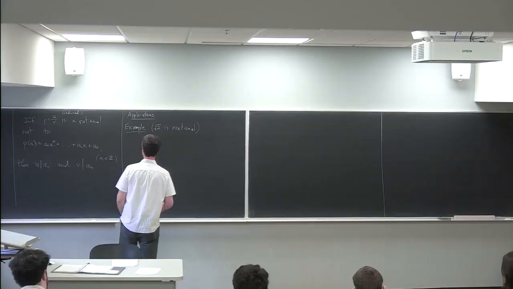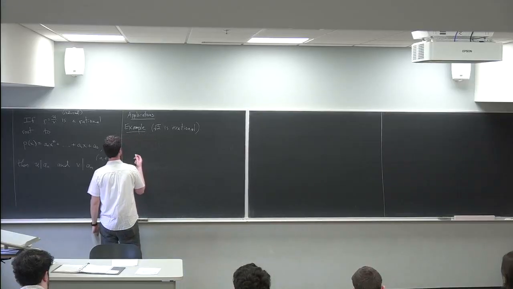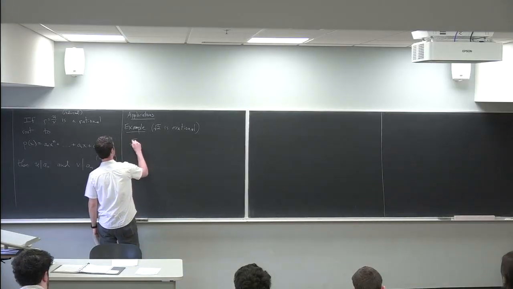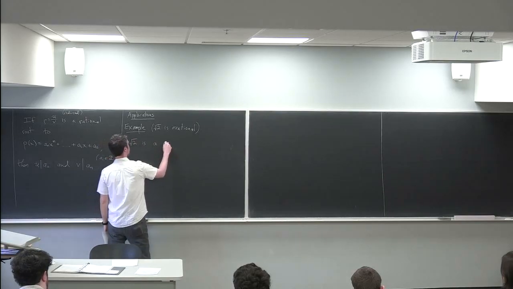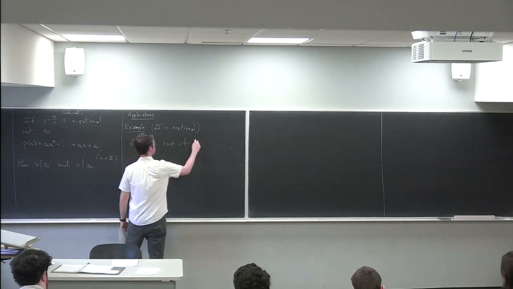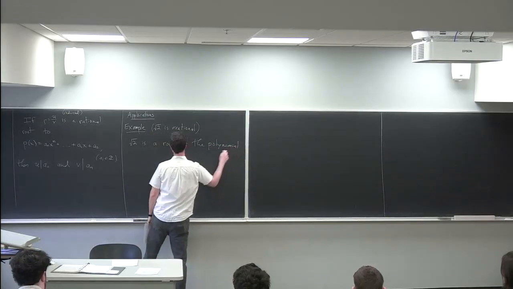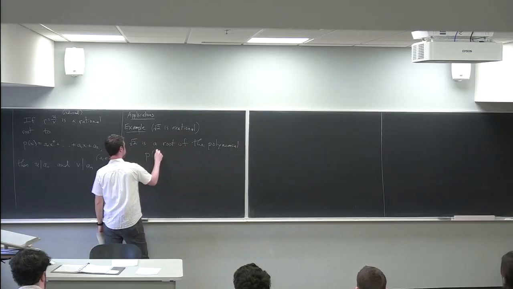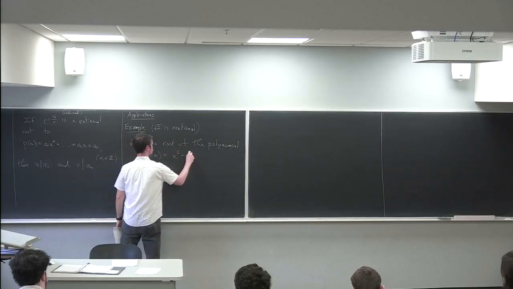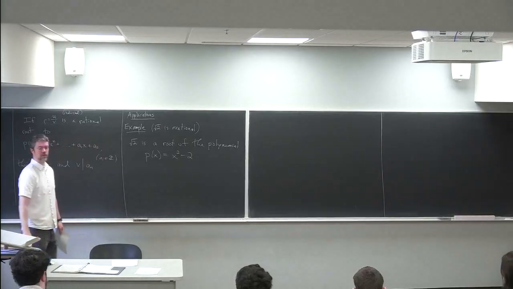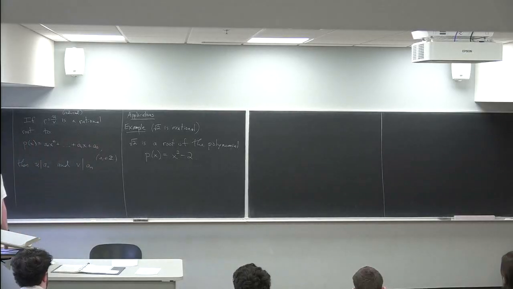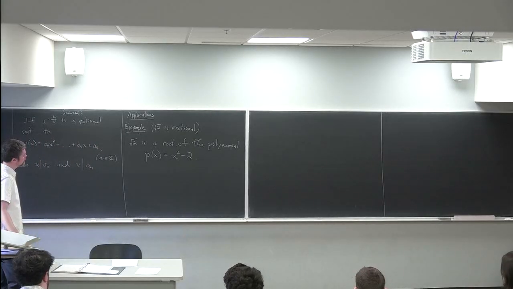The way you argue is to say, look, the square root of 2 is a root of the polynomial x squared minus 2. That's what makes it the square root of 2: if you square it, you get 2, so 2 minus 2 is 0.